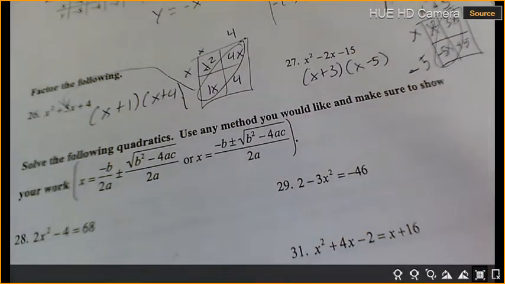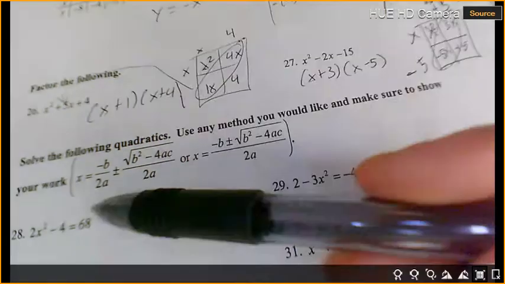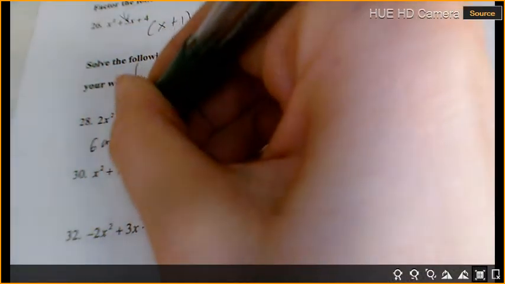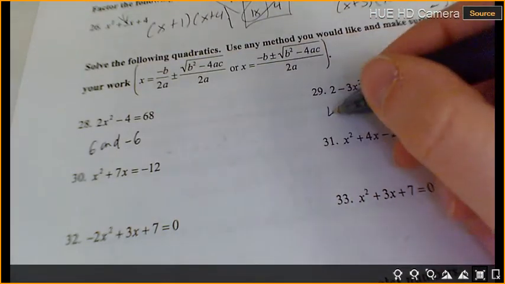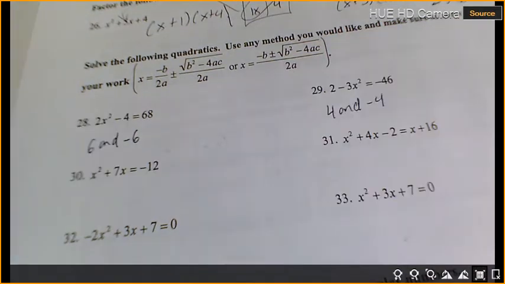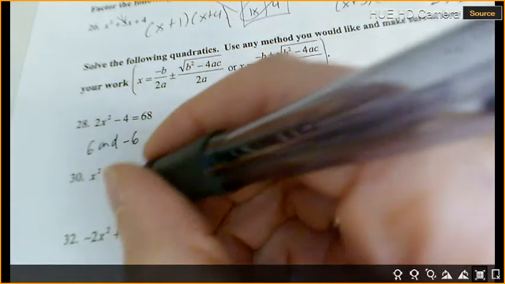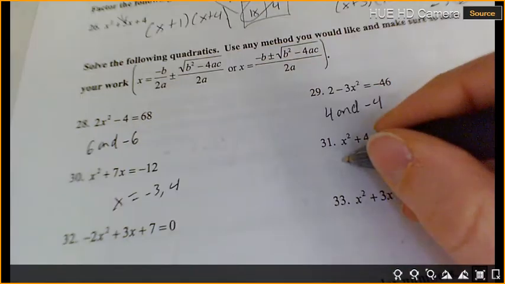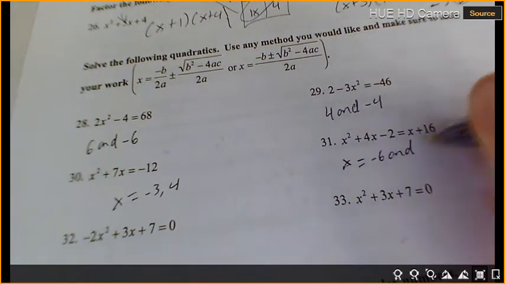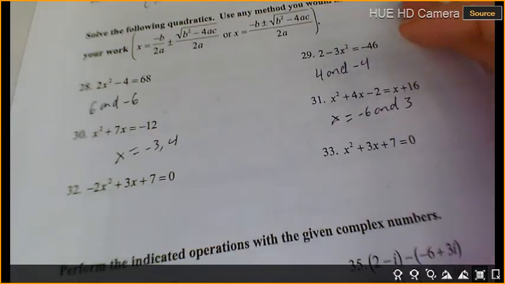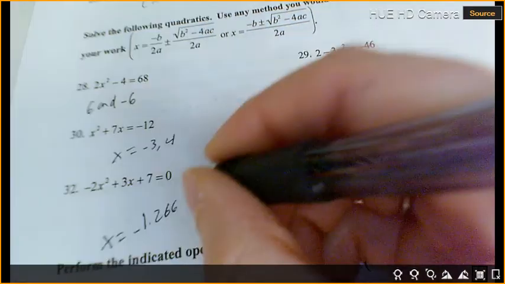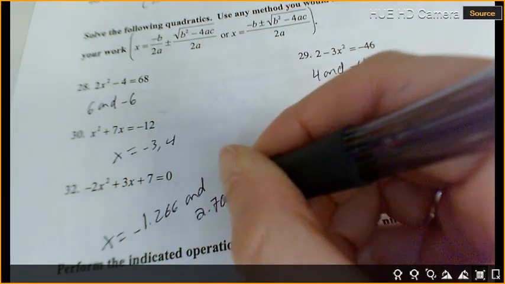Number 28. I'm going to give the answers from 28 till 33, and then I'll do the ones that you guys have questions on, okay? 28 is 6 and negative 6. 29 is 4 and negative 4. 30 is x equals negative 3 and 4. 31, x equals negative 6 and 3. 32, x equals negative 1.266 and 2.766.